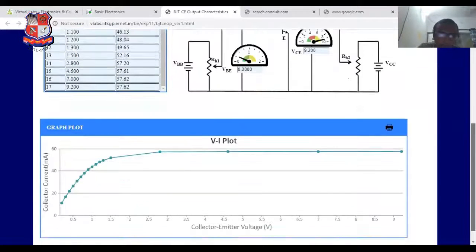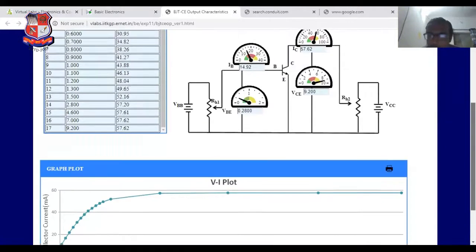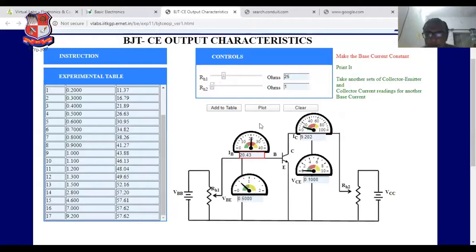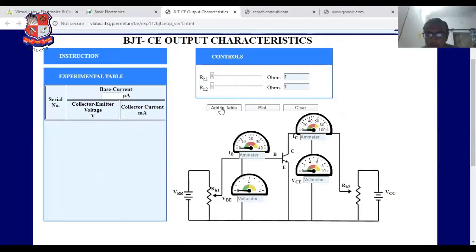See here, the value present is below 60. Now if you increase the value of rheostat 1 from 15 to 20, now see what is the effect on collector current.